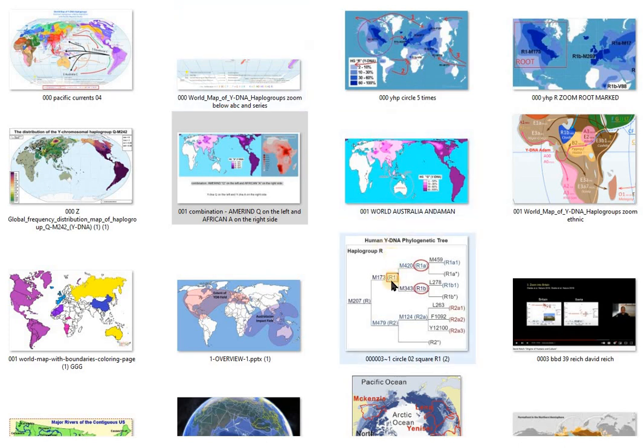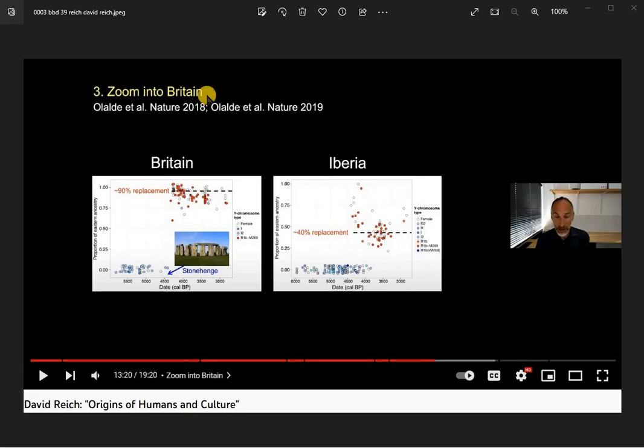You can see that R1A and R1B descend from R1. David Reich, Origins of Humans and Culture.